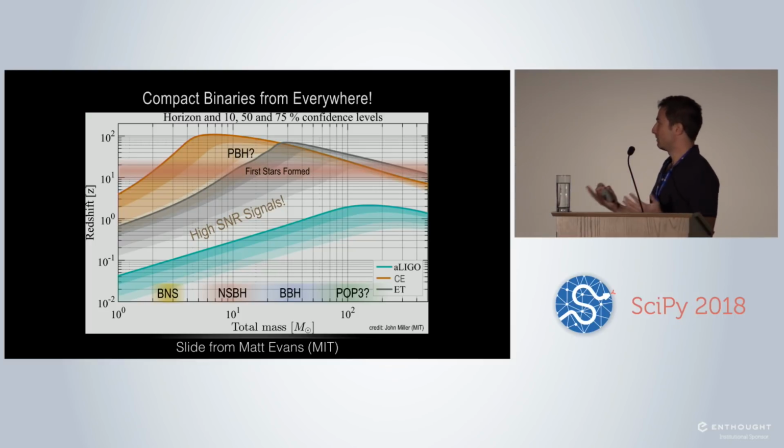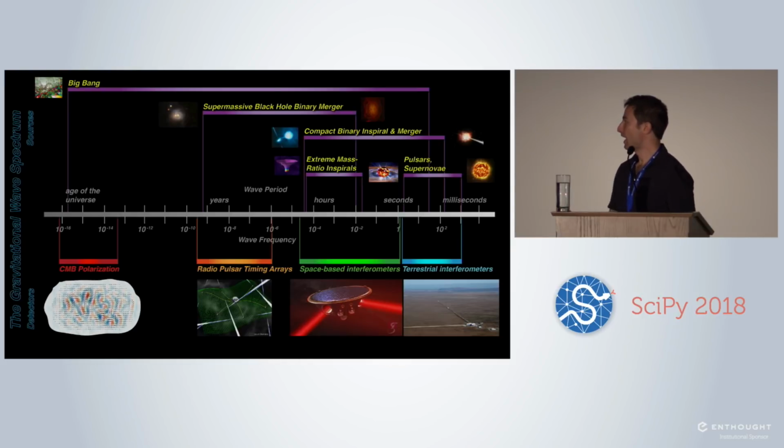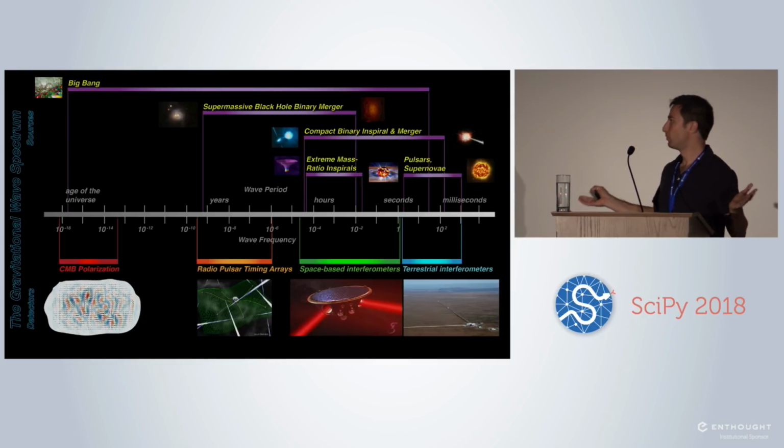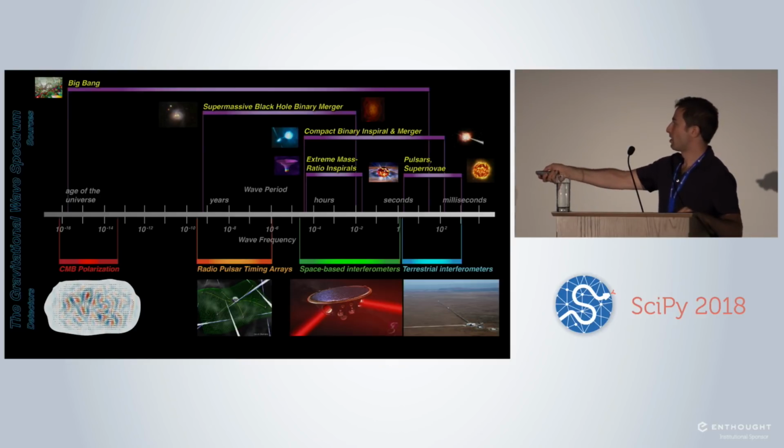Lastly, we're going to build bigger and better gravitational wave detectors after this, where we'll be able to see out to the edge of the observable universe with the next generation detectors that we want to build. And there's a whole unexplored gravitational wave spectrum, very analogous to the electromagnetic spectrum, that we'll probe with future facilities and future missions, such as the Laser Interferometer Space Antenna, which is like LIGO in space.